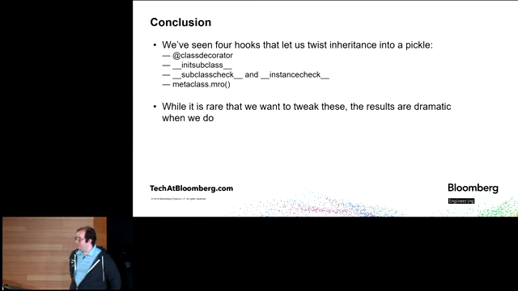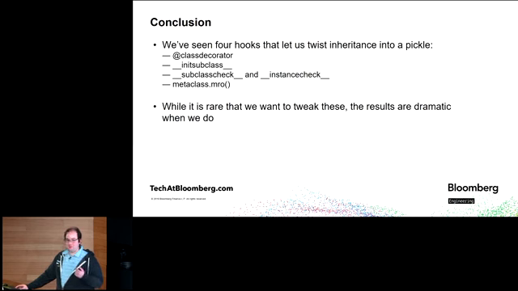So we've seen four hooks that let us twist inheritance into a relative pickle: class decorator and its subclass check and instance check, and the metaclass MRO method. Well, it's rare that we actually want to tweak these.